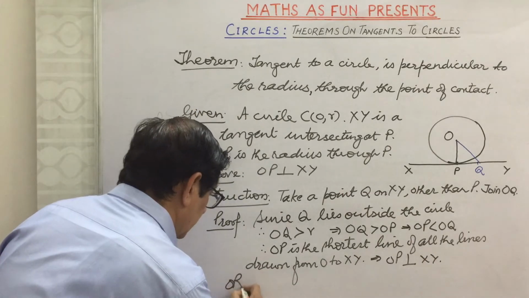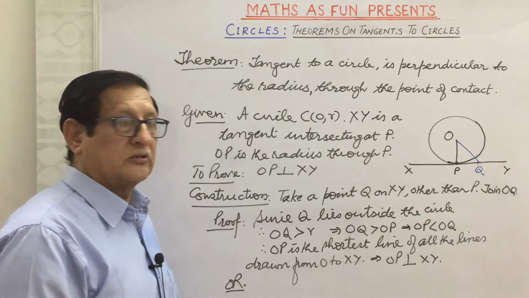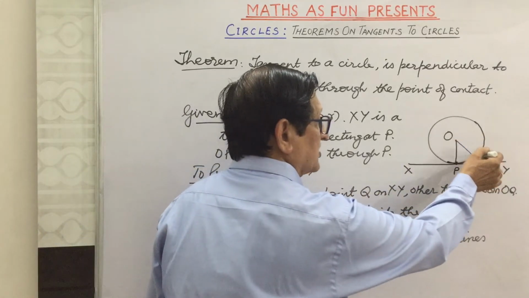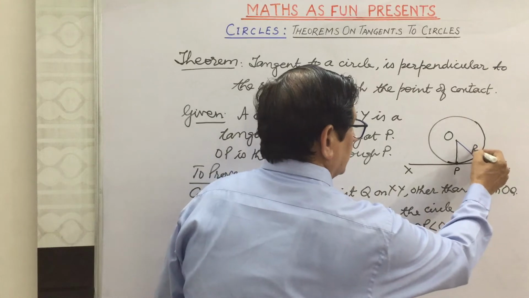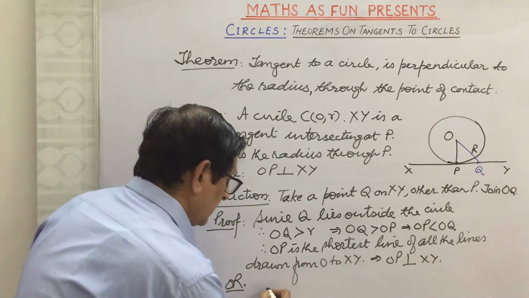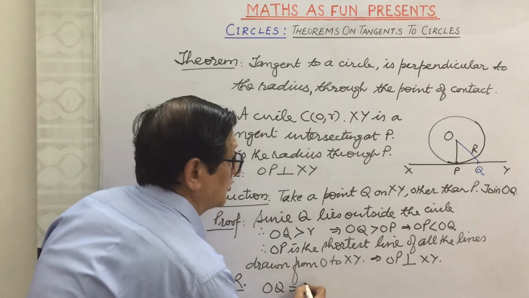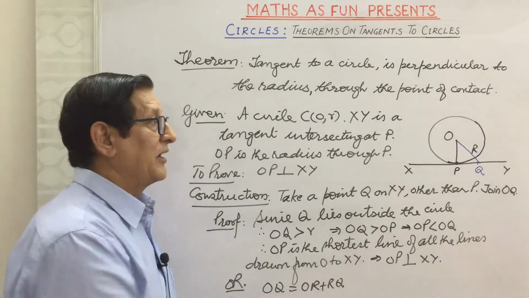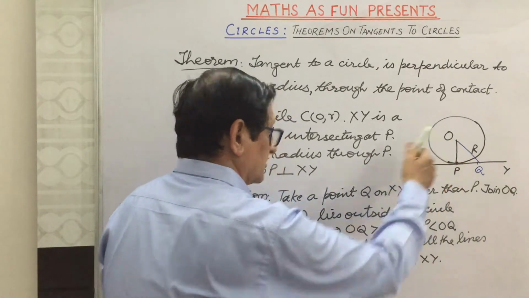The other way we can do it is that we can write a point here where OQ is meeting the circle, suppose this point is R. Then we can write OQ is equal to OR plus RQ. And OR is the radius, OP is also the radius.